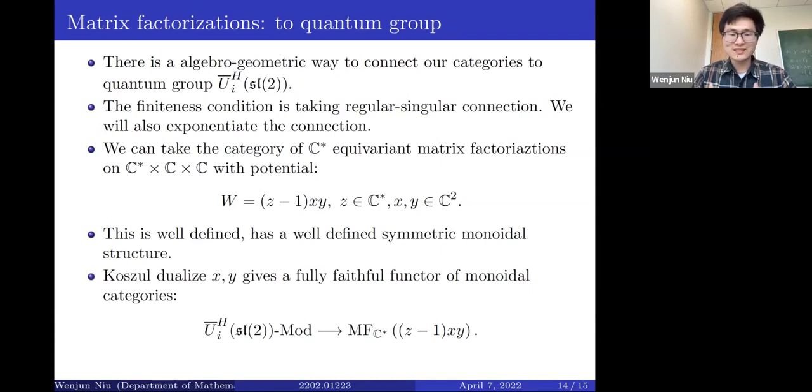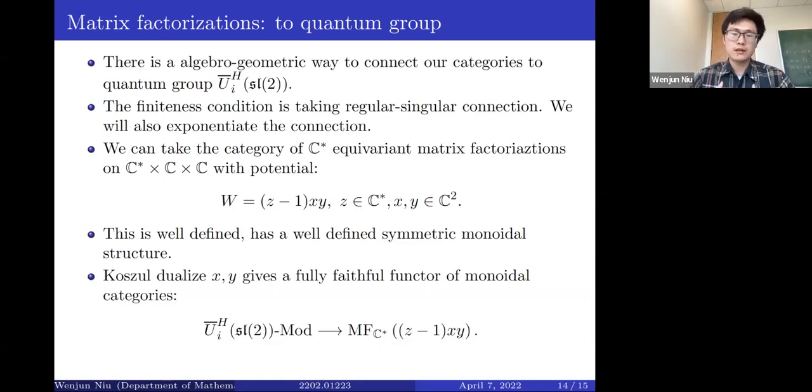And the nice thing is that this is related to quantum groups via a Koszul duality. So if we Koszul dualize X and Y, we get two odd variables, and the superpotential gives a non-commutativity relation that says that the supercommutator of these two odd elements is Z minus 1.